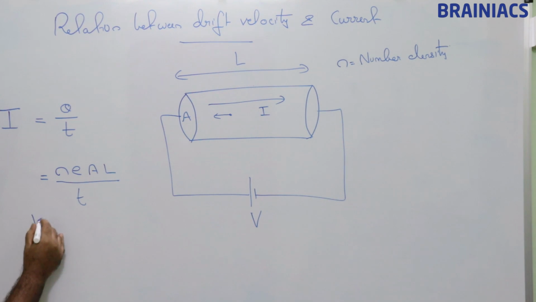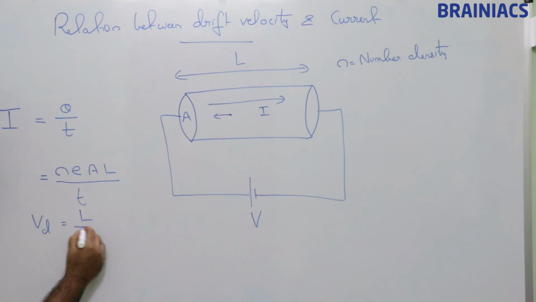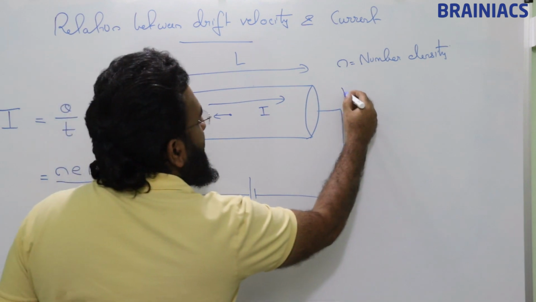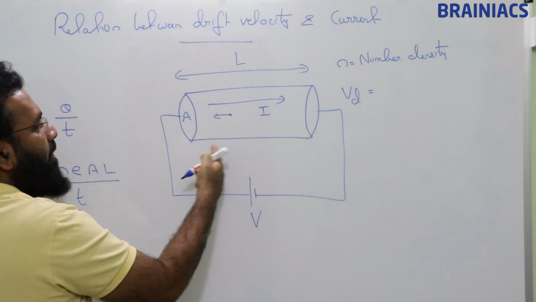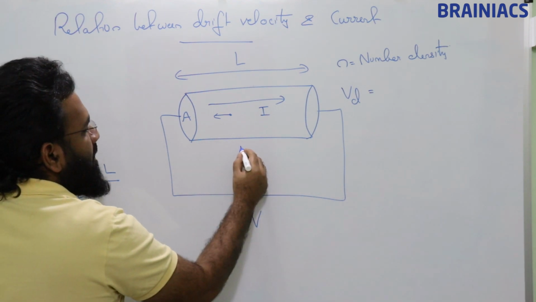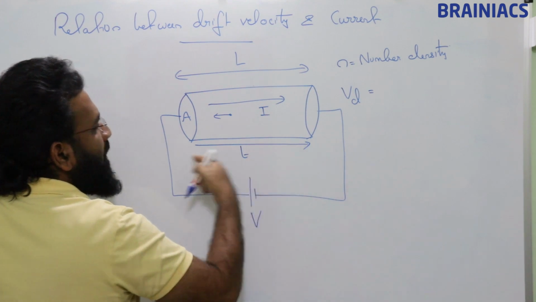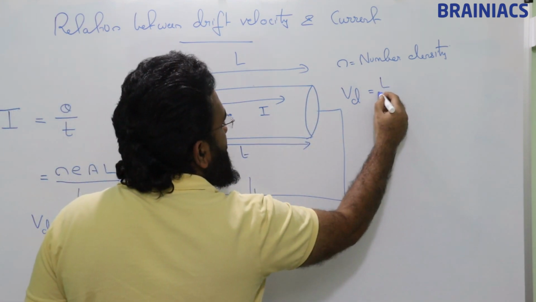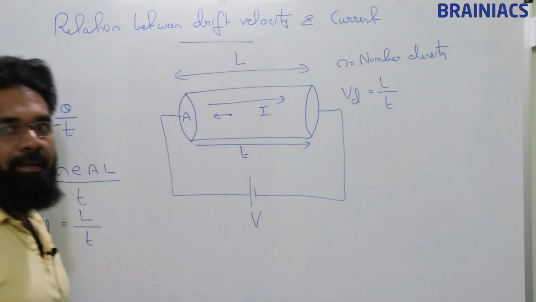This drift velocity vd is the average velocity, and is nothing but L by t. Drift velocity vd, can I write L divided by t, the time taken for a charged particle to reach this length? So vd is equal to L by t, velocity is equal to displacement by time.